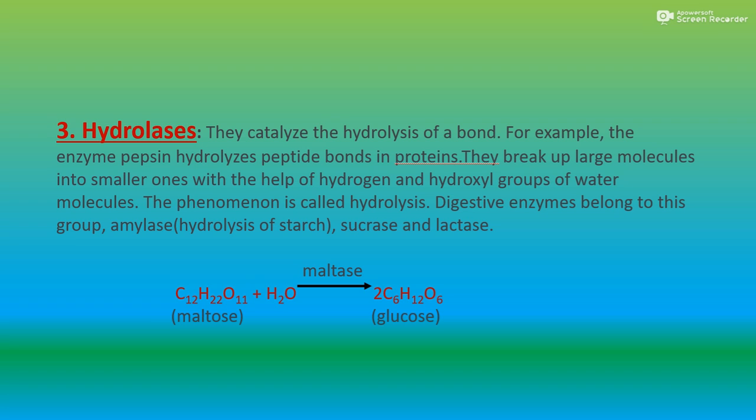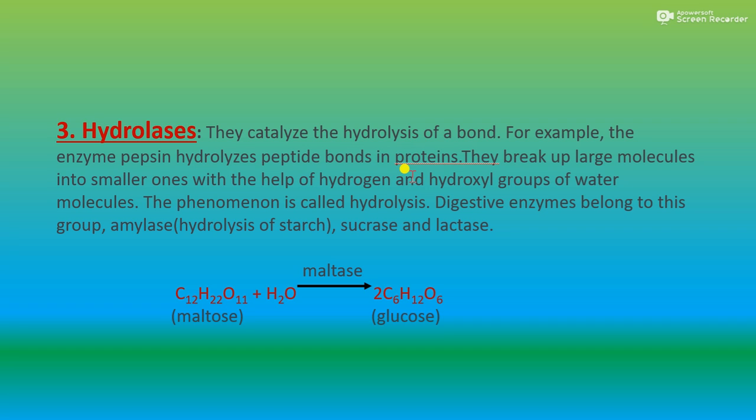Now we see the third type of enzyme, hydrolases. Hydrolases catalyze the hydrolysis of bonds. For example, the enzyme pepsin hydrolyzes the peptide bond in protein.